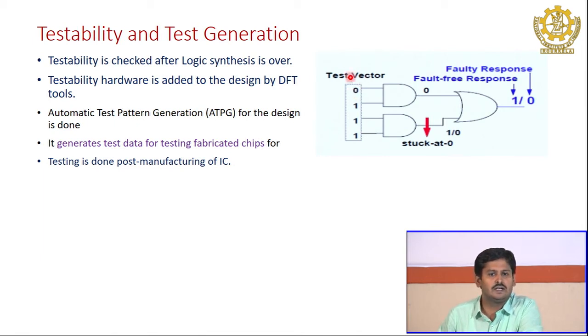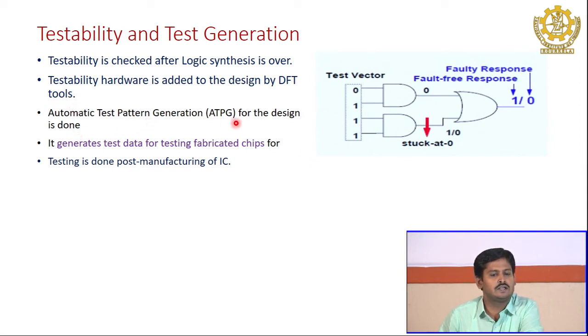So it is something like this, we'll see it. Testability is checked after the logic synthesis is over. So how can testability be checked? Testability hardware is added to the design by using DFT tools, design for test tools.